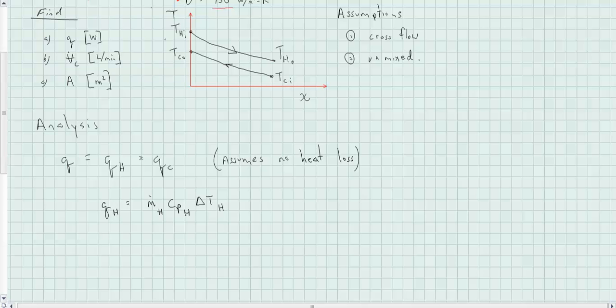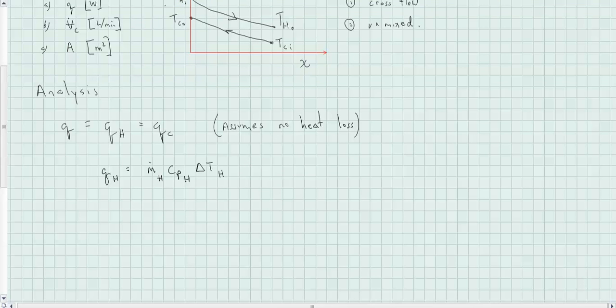Now what we need to do is calculate m dot, which is rho V dot. These both are given to us. We just have to make sure we get them in the right units. So let's march forward.